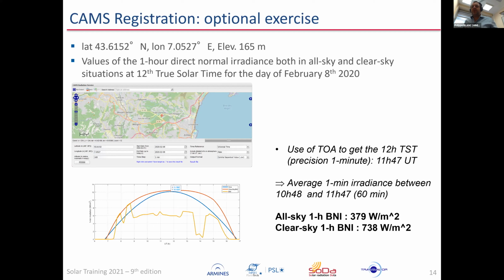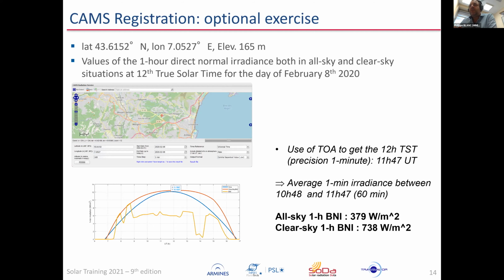So, the question was about the 1 hour average of direct normal irradiance. The best way to do that is to get 1 minute data sets and to locate the data between 10 hours 48 minutes and 11 hours 47 minutes, which gives you 60 minutes, 1 hour.